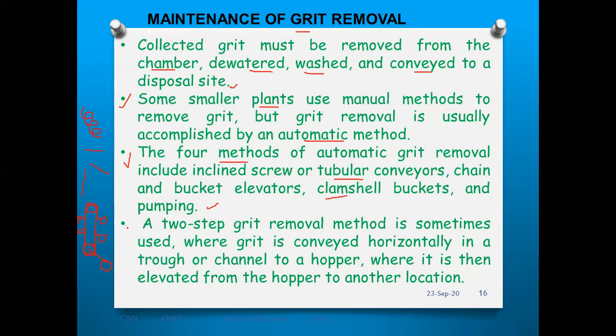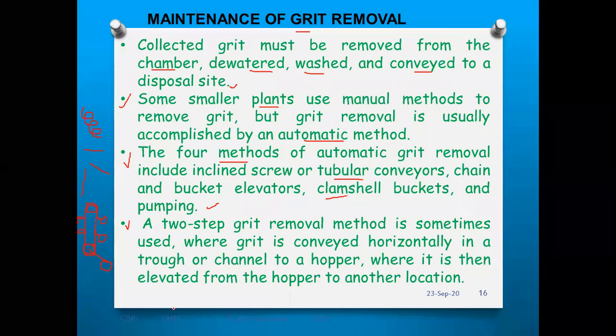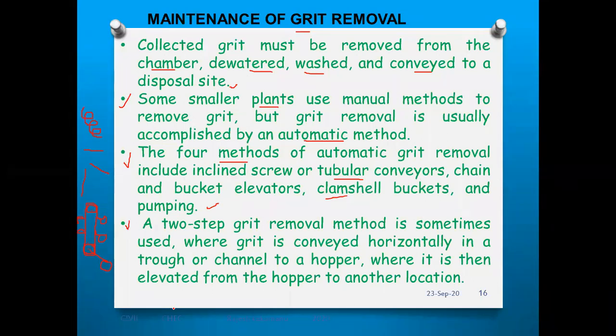Next one is a 2-step grit removal method, sometimes used where grit is conveyed horizontally in a trough or channel to a hopper. So ఈ మెథడ్ ఏంటి, 2-step grit removal process లో, the grit is removed horizontally using a trough or channel to a hopper. సో మనకి ఒక హారిజాంటల్ గా చూట్ ఉంటే, రైట్? సో యూ ఆర్ హ్యావింగ్ ఏ హాపర్ లైక్ దిస్, అంటే ఒక గరాట లాగా ఉంటుంది అనమాట. సో ద మెటీరియల్ is coming and dumping like this.